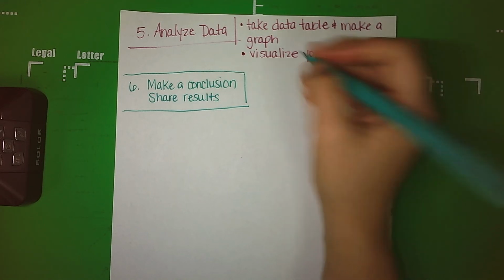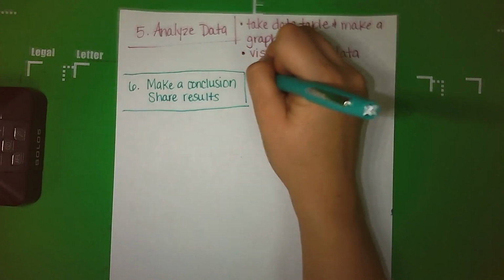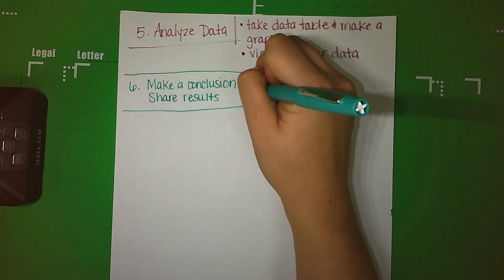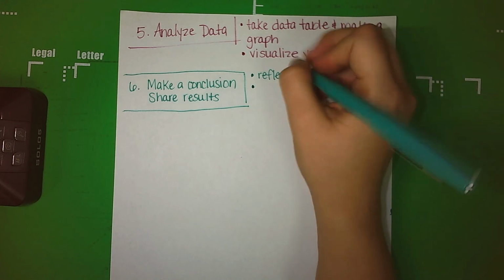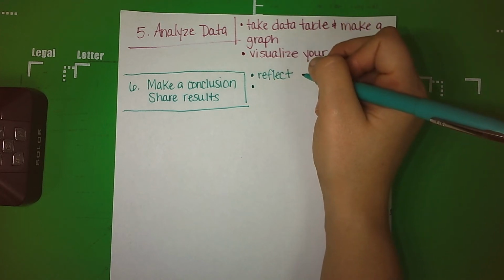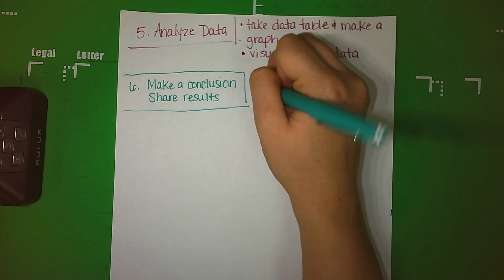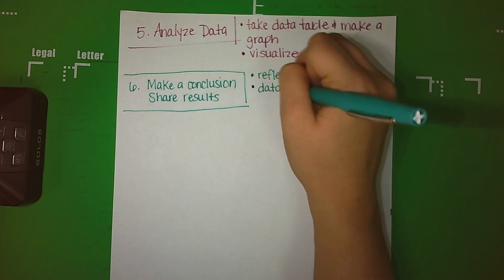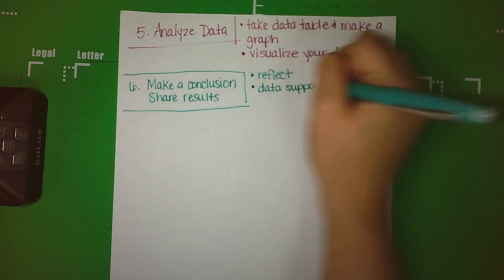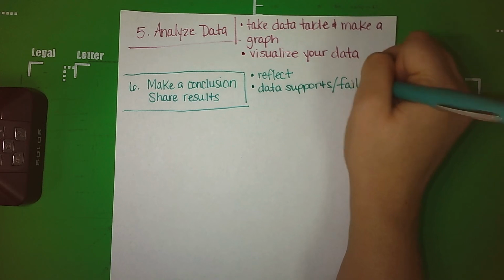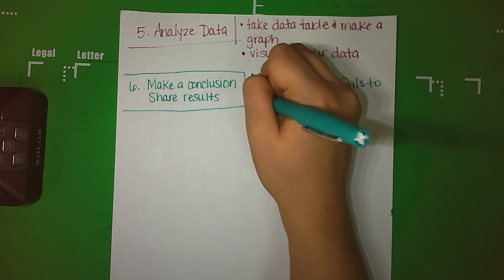It's a whole package, okay? So this is where you reflect. You look at your data, okay? When you reflect, you look and see what worked, what didn't work, what went wrong. Okay, so you're going to look to see if your data supports your hypothesis or it fails to support your hypothesis.